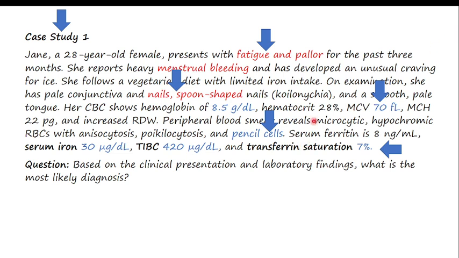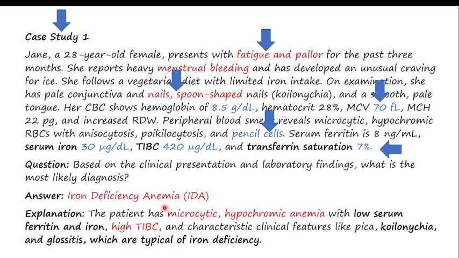Based on these lab findings, I'm sure everyone is going to say with me: it is iron deficiency anemia. This is confirmed by microcytic hypochromic anemia with low serum iron, low serum ferritin, increased total iron binding capacity, and all those clinical manifestations. So I hope by here no one can miss a case study asking about iron.